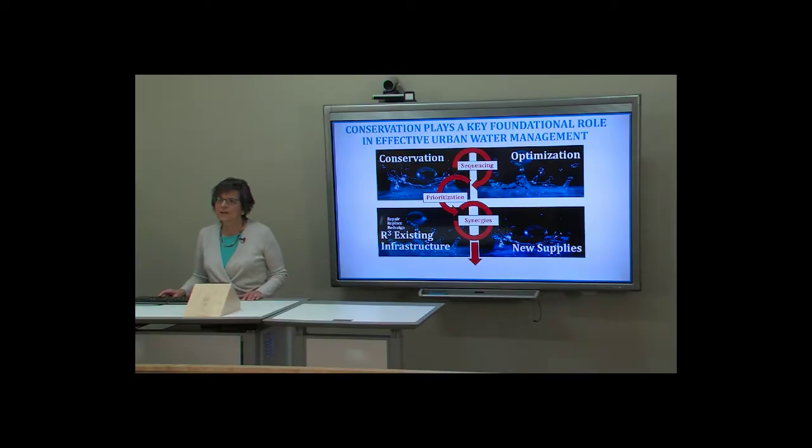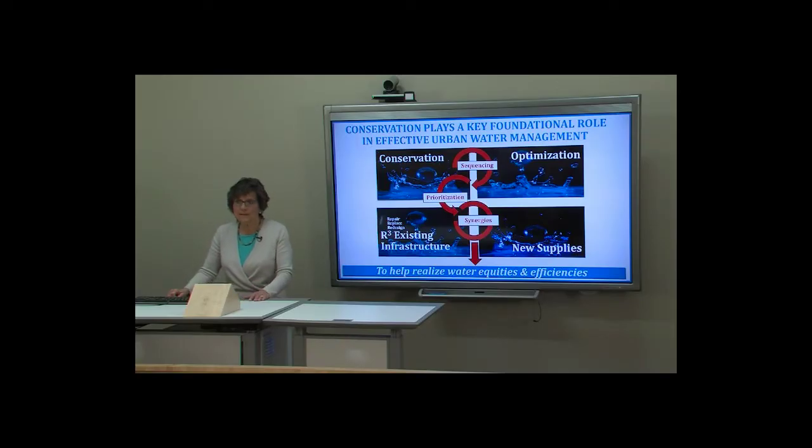We are in an era where the infrastructure that was installed during the supply side period is aging and in need of replacement. And as we do that, we can find ways to conserve and optimize for greater efficiency. Pursuing new supply side options risks additional impacts to rural areas and the environment and tribal homelands.